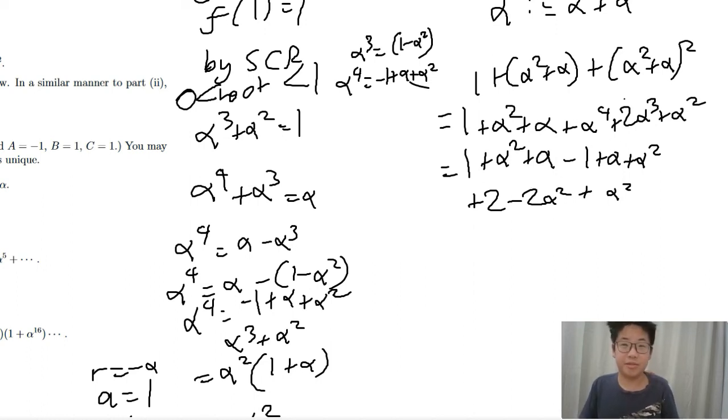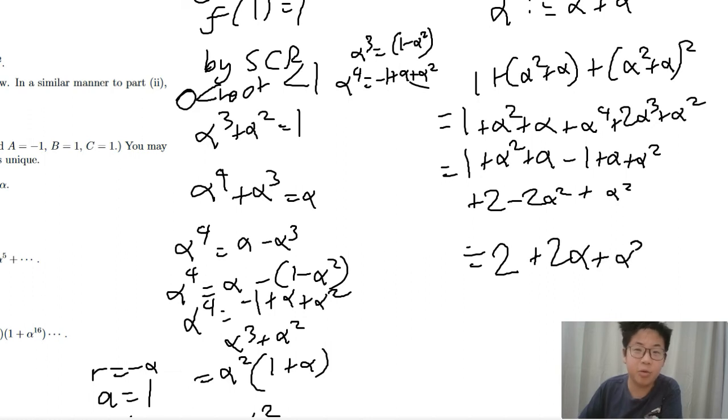Sorry, this journey is a lot rockier than we expected. Continuing on, we will have, look at this, the constant terms are 2, and then we have 2 alpha plus alpha squared.